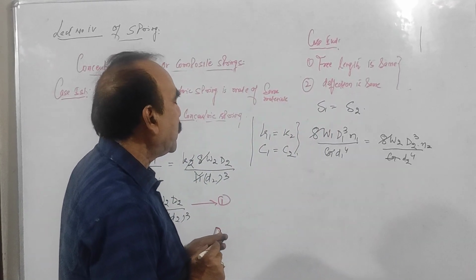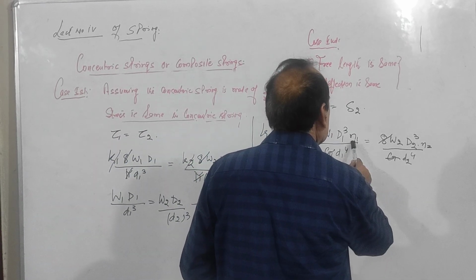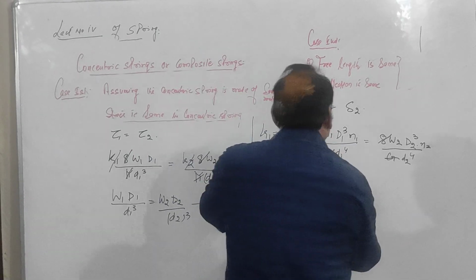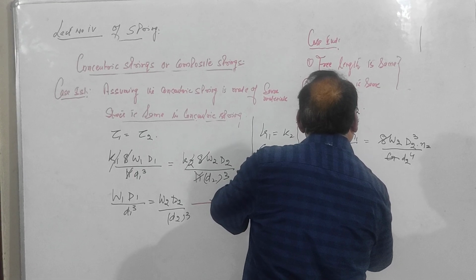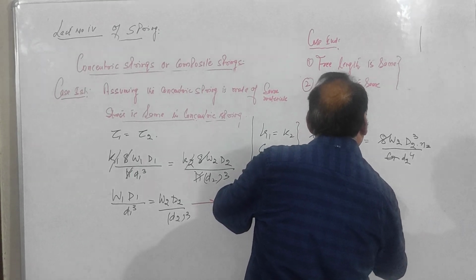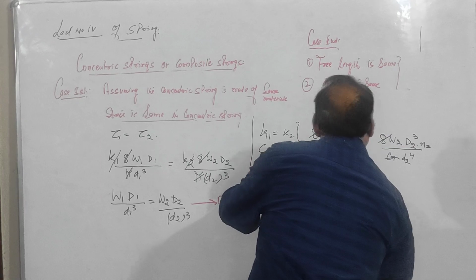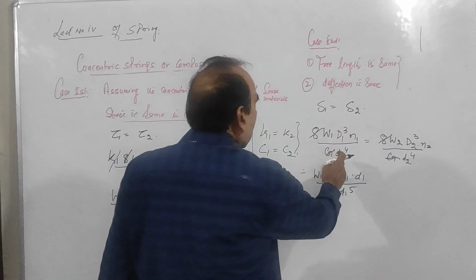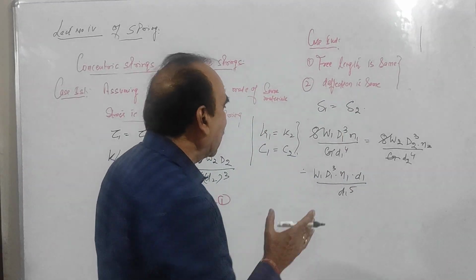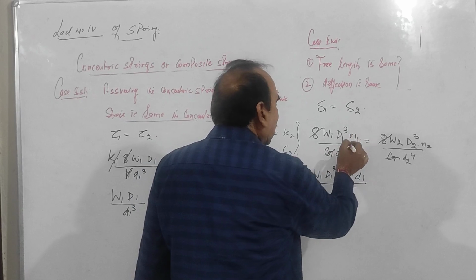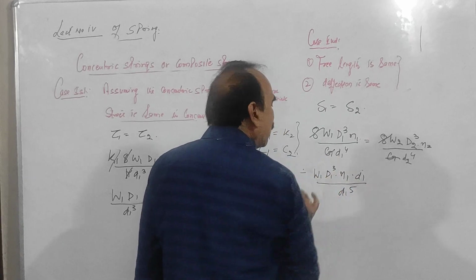Look here, so इसमें मैं इस इक्वेशन को अगर ऐसे लिखूं W1 D1 cube N1 into D1 raised to 5, कोई फर्क पड़ा? मैंने D1 से इसको मल्टीप्लाई और डिवाइड कर लिया। I have multiplied and divided this equation by D1. So this is D1 into D1, right?